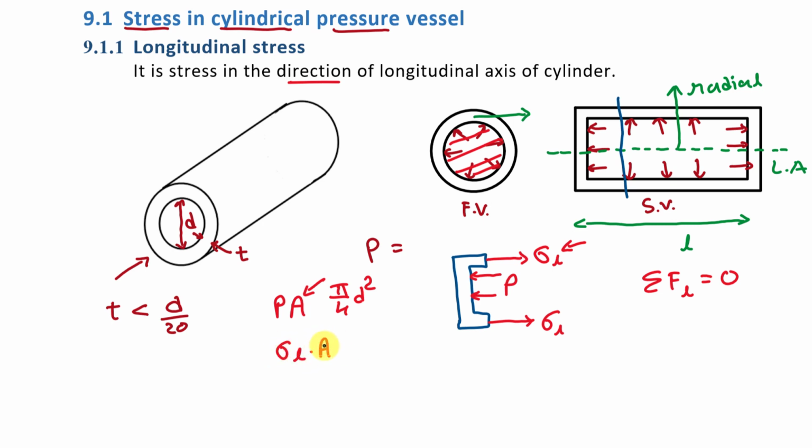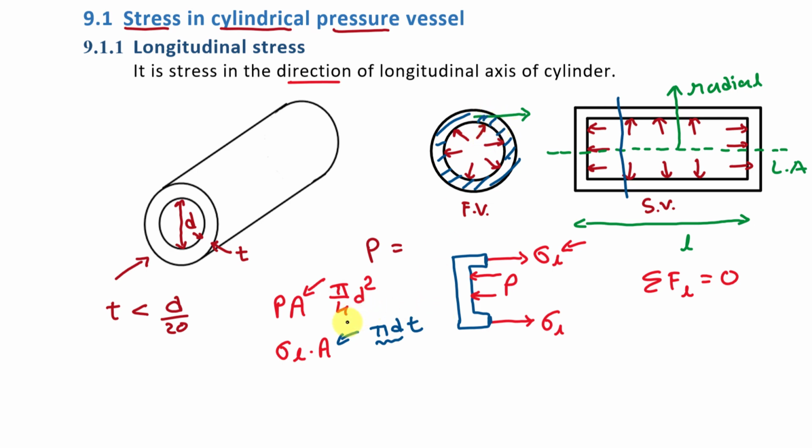And in this case, what will be the value of area? Here this stress is acting on this surface, so we have to take this area. Fine. So this area will be pi into d into t. Here this pi d is the perimeter of this circle and t is the thickness of this pressure vessel.